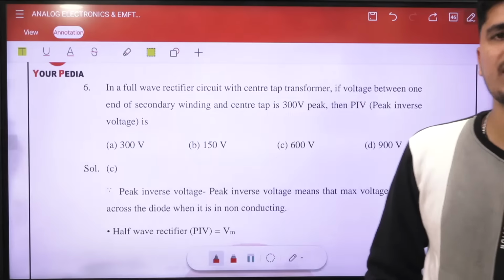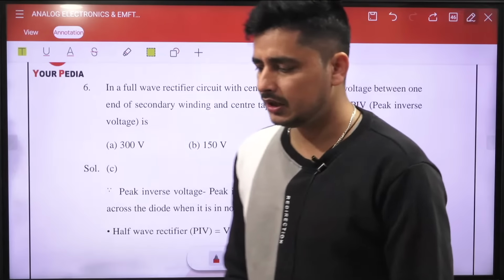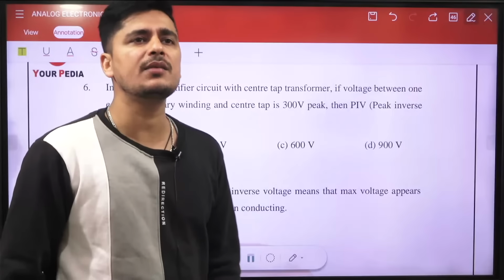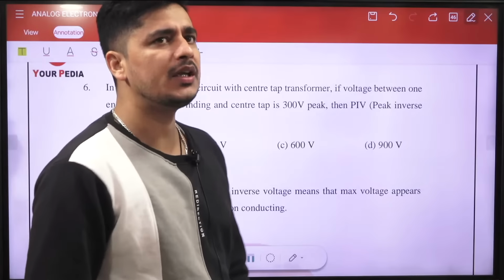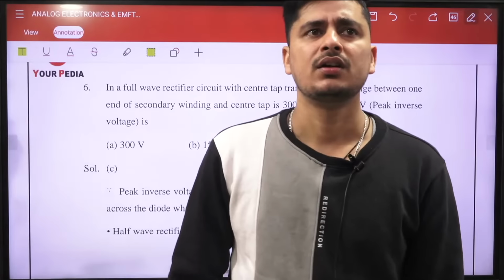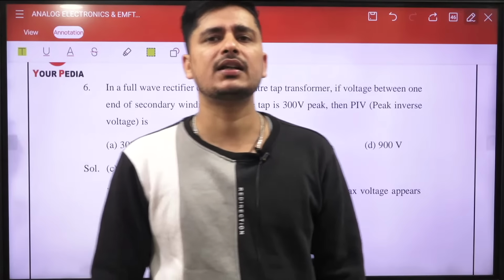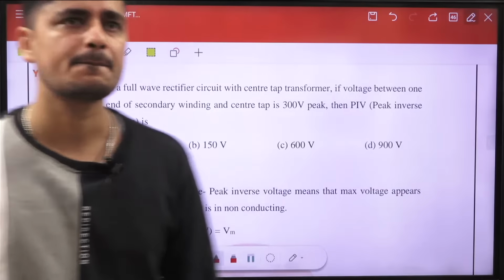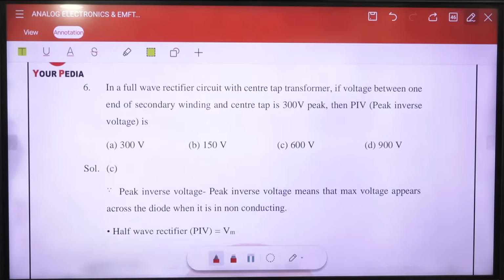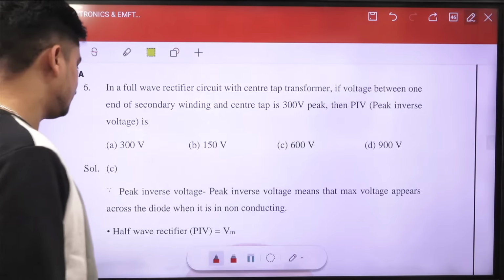If you remember, this center tap transformer type has a problem. The main problem is its peak inverse voltage. Peak inverse voltage means what?